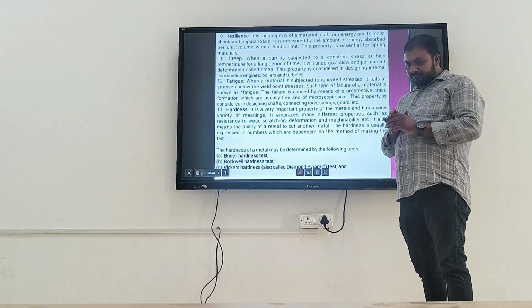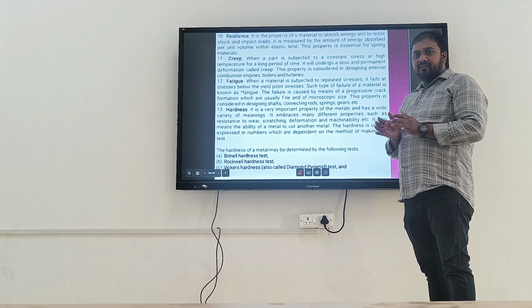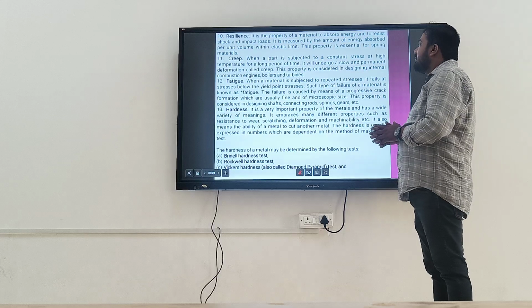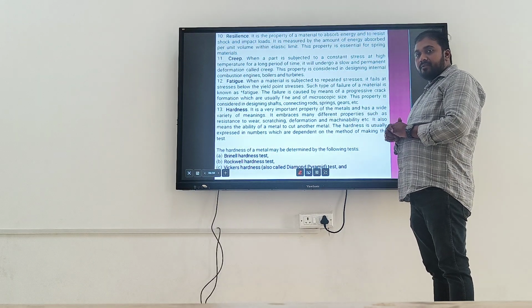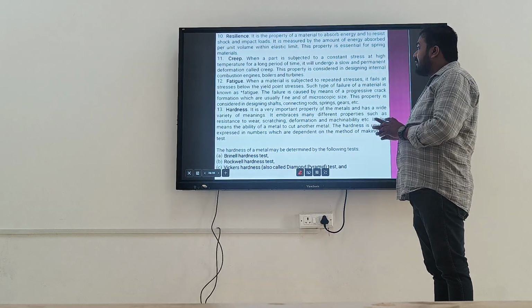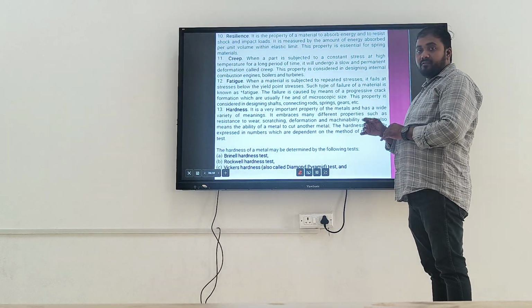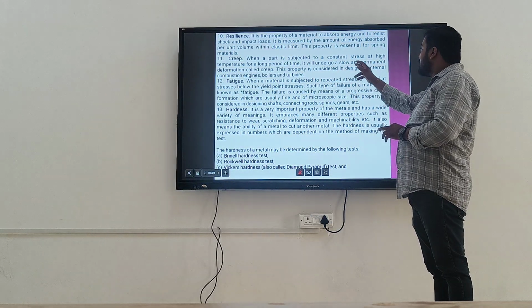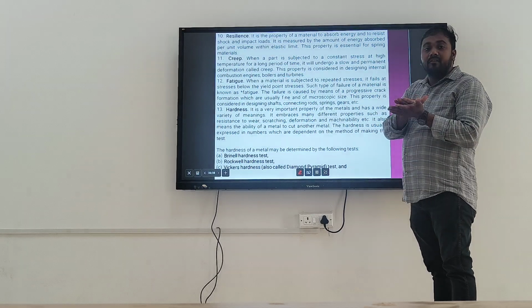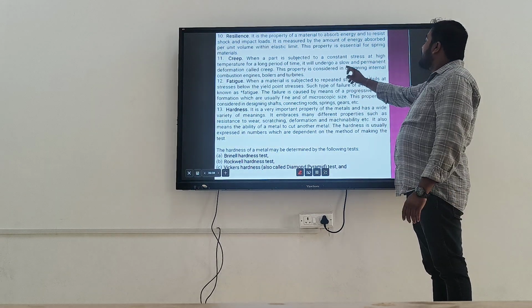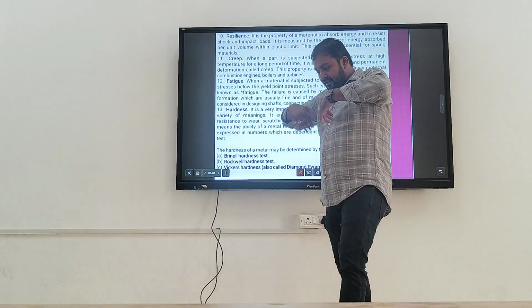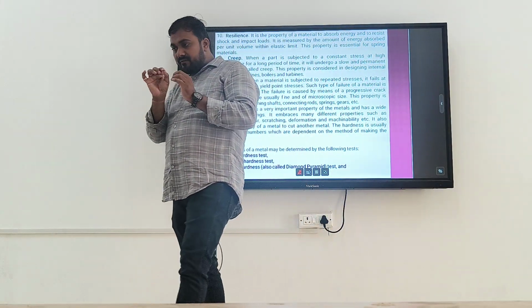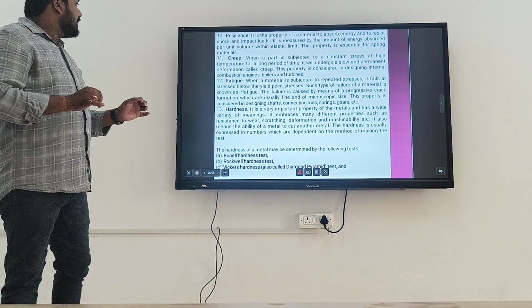Suppose we are making a part of a body and it is subjected to constant heat for a long period of time, not a short period. It will undergo slow and permanent deformation, which is creep. This property is considered in designing internal combustion engines, boilers, and turbines, where parts slowly deform.